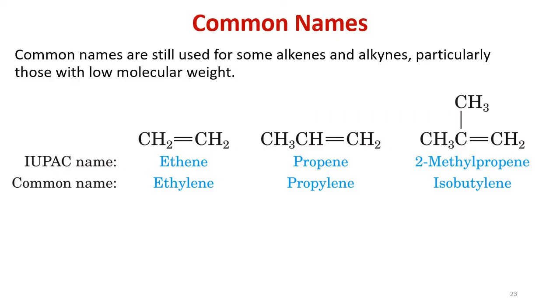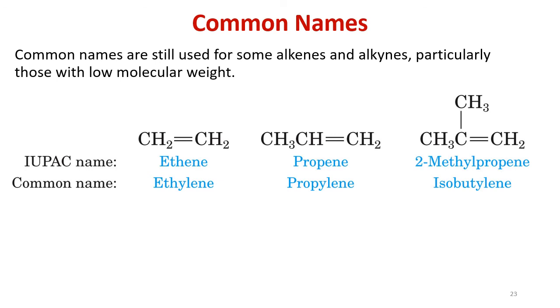Common names, you do encounter them so often, especially ethene. Ethylene is used really often, and propylene is used really often. Isobutylene, something you won't see as much, but it's still a very common name. You might encounter these.